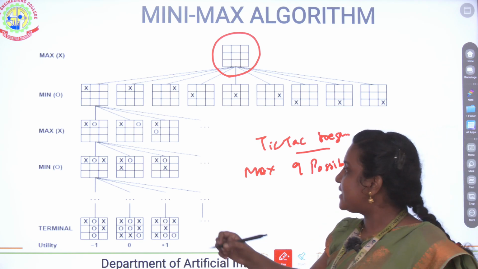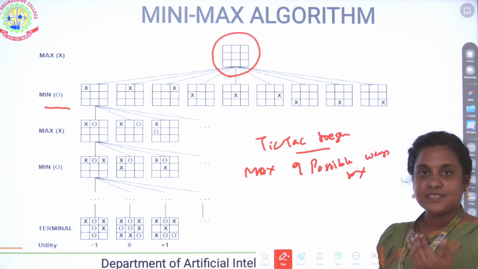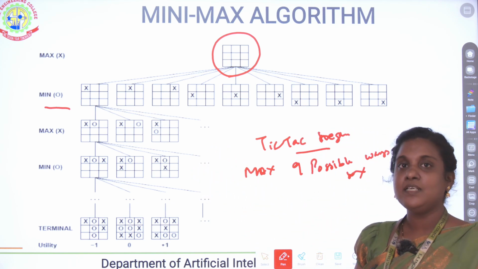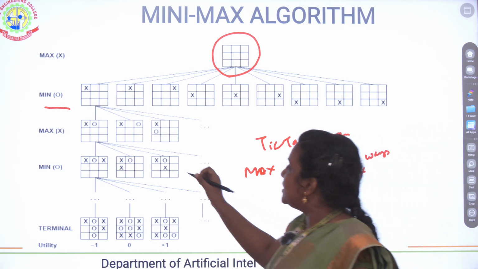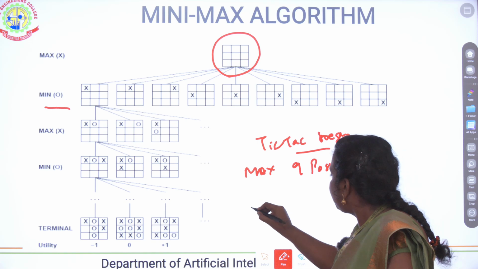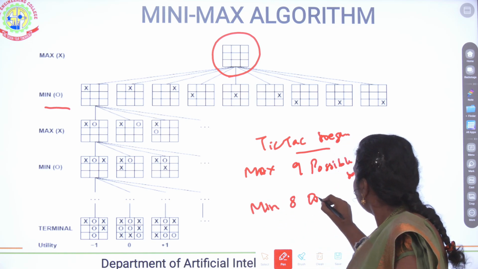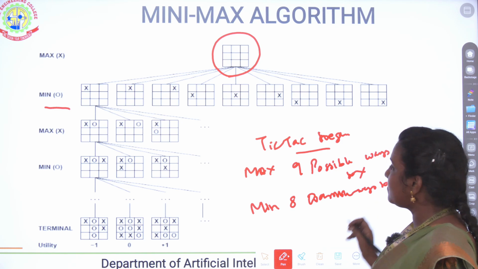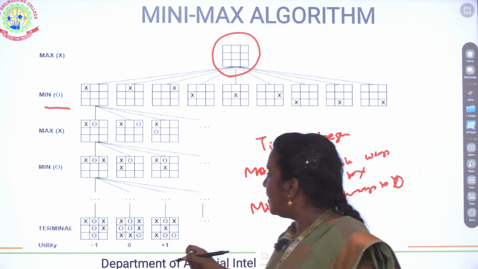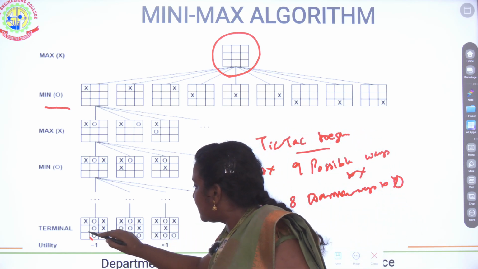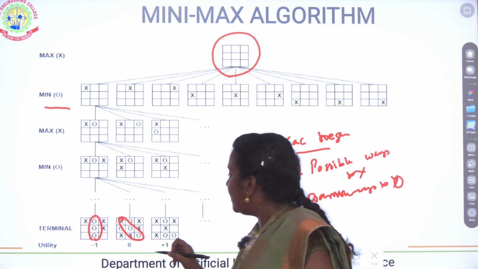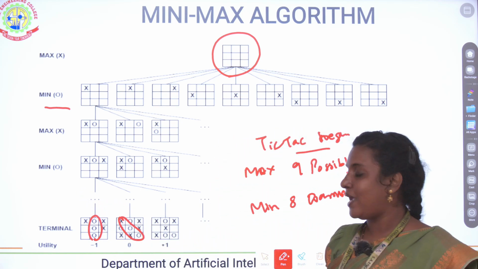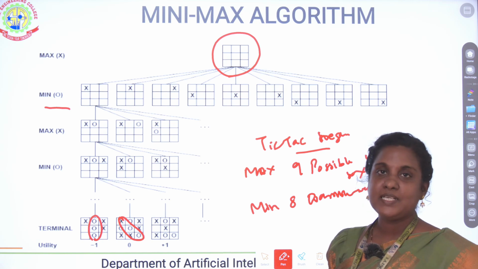Next, when the min player's turn comes, he has to put O in a box where max has not already put X. So min now has 8 possible ways to put O. Like this, we will reach a terminal state where max has won the game or min has won the game.